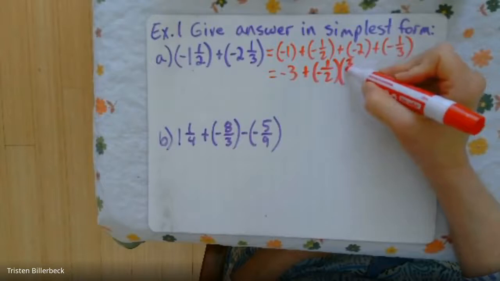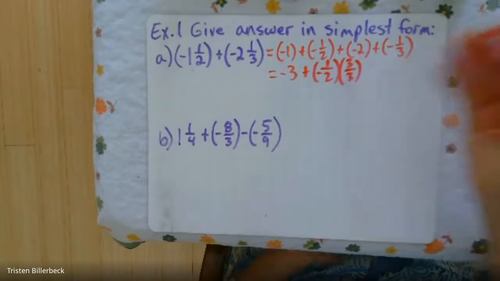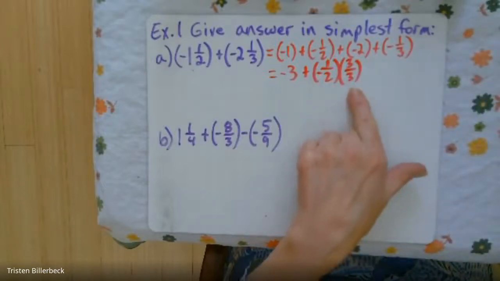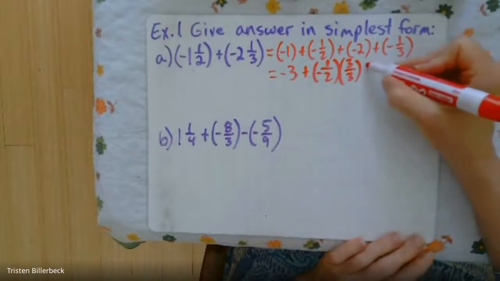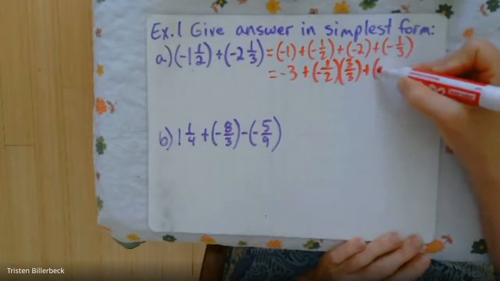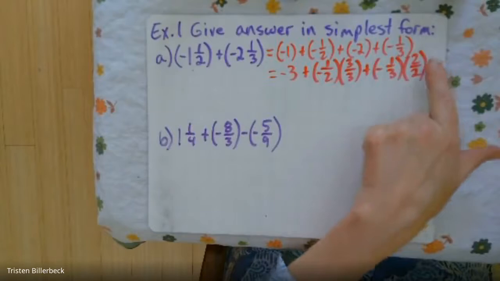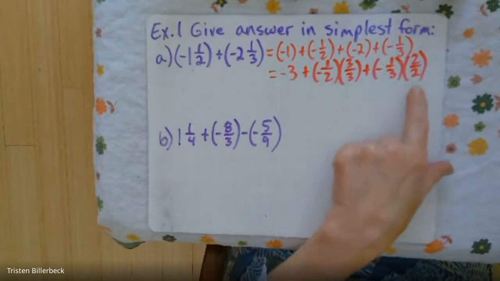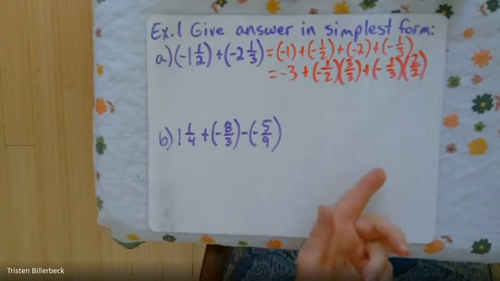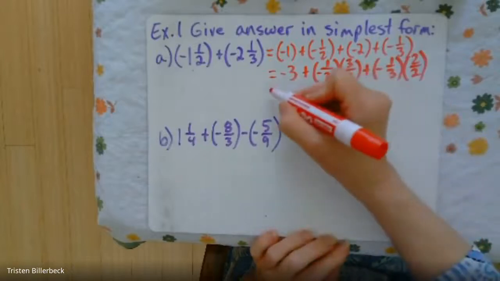We would write 3 over 3 here, which doesn't add anything to the equation because 3 over 3 is 1. Now we do the same thing for 1/3. To get a common denominator of 6, we multiply by 2 over 2, which again is 1, so we're not affecting the equation.